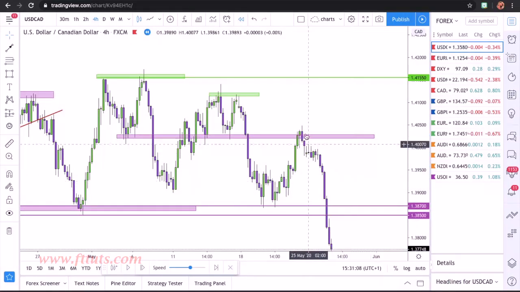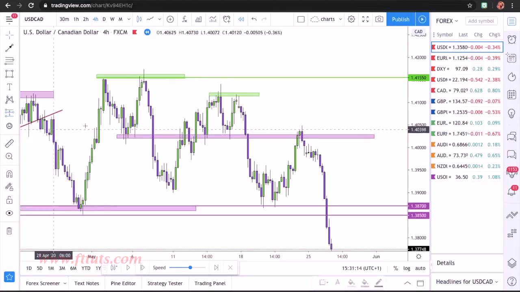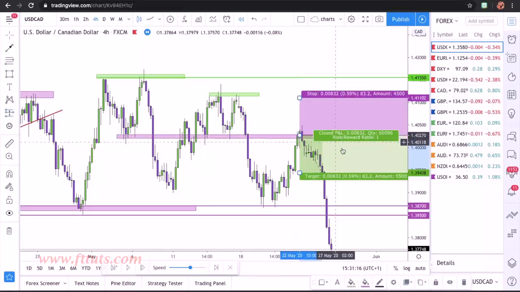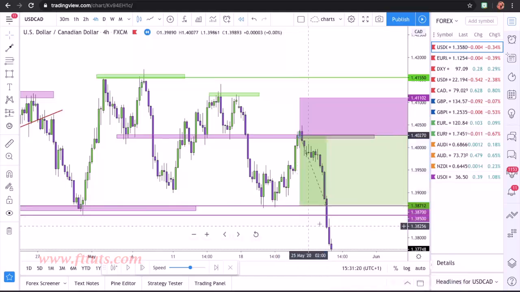So what happens is it respects this level, okay? So again, we can take a short. And then our target is the 138.7, and then it completely breaks, okay?